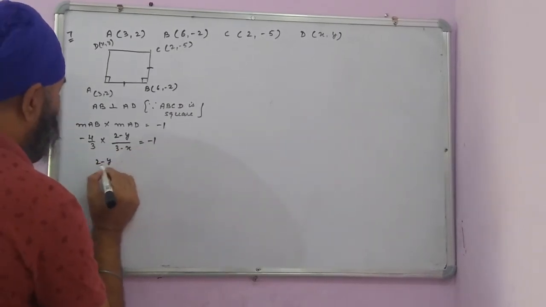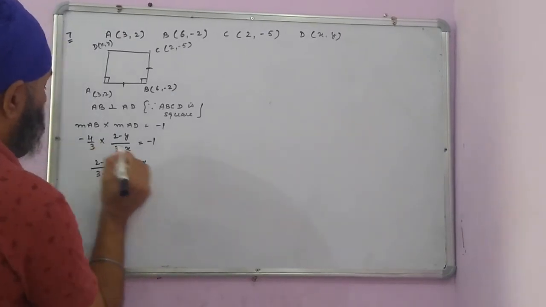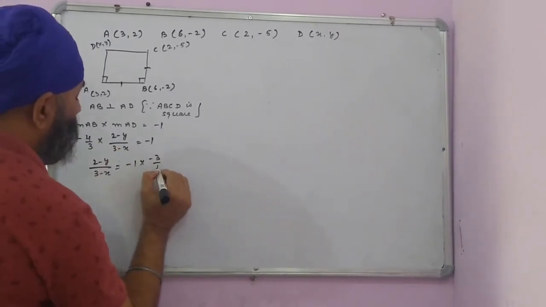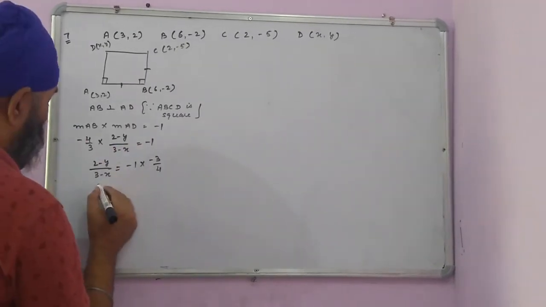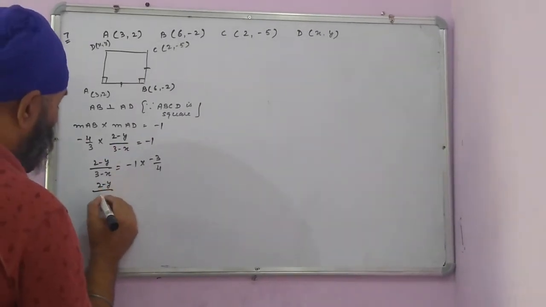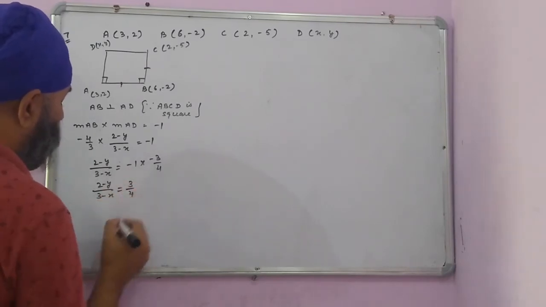So (2 minus y) upon (3 minus x) is equal to 3 upon 4.